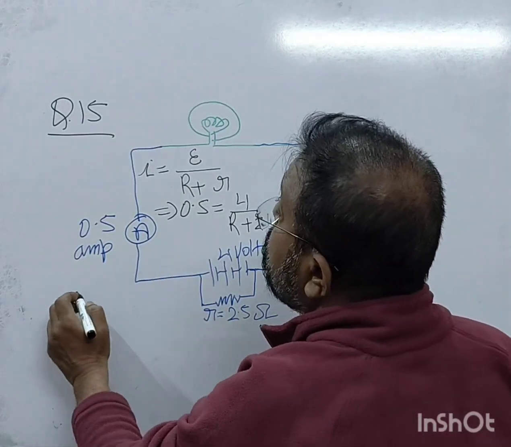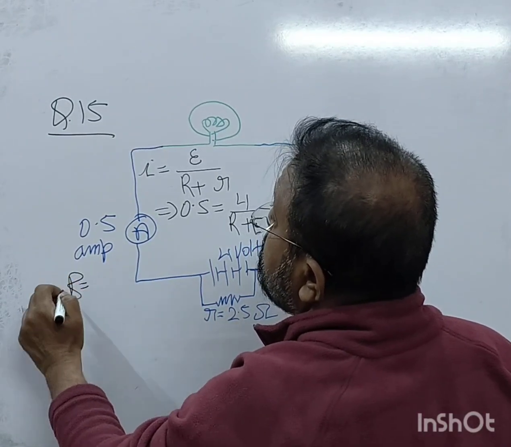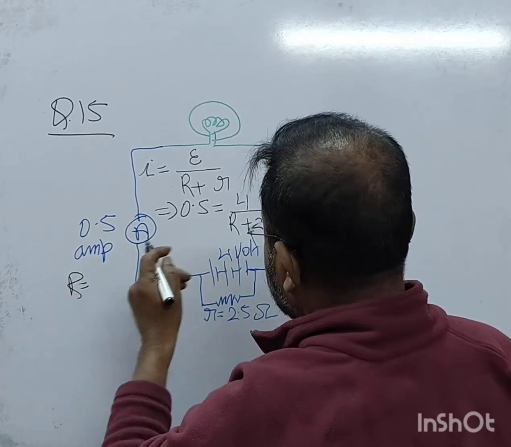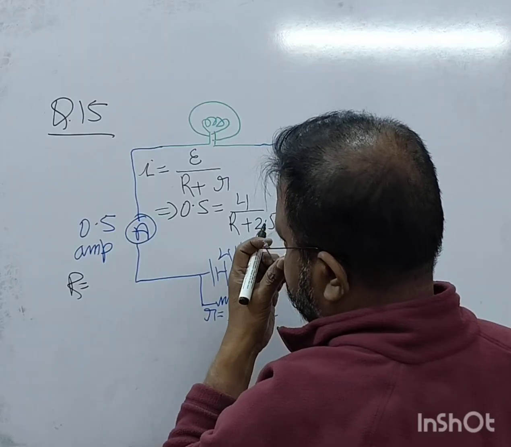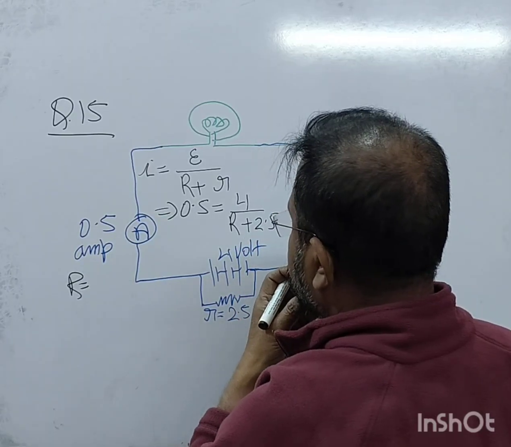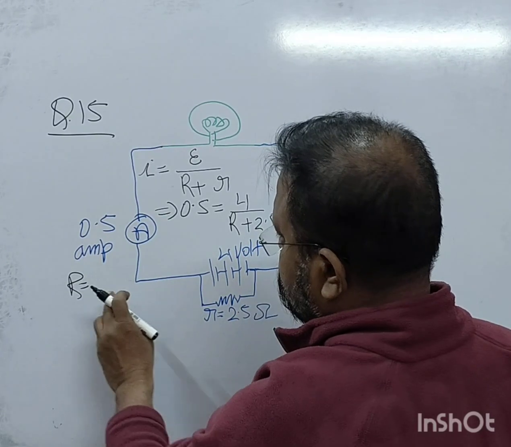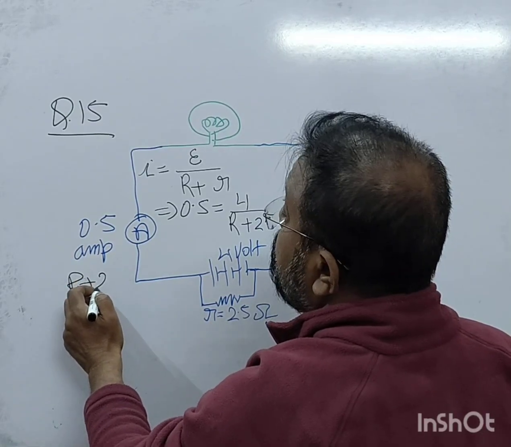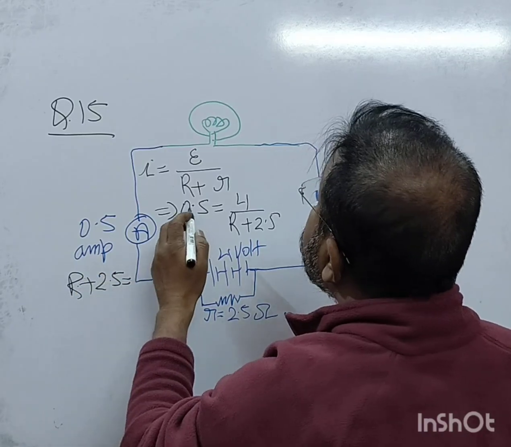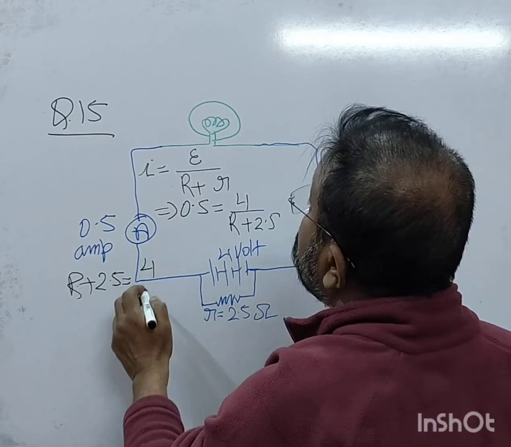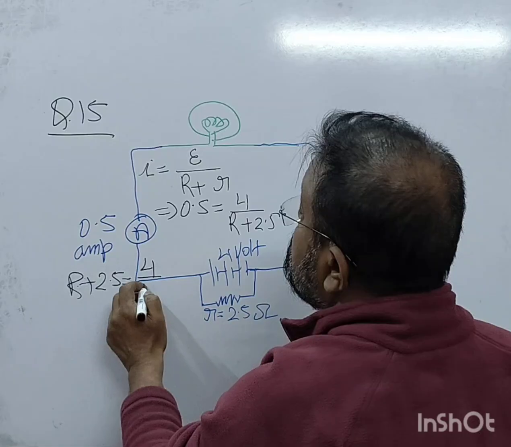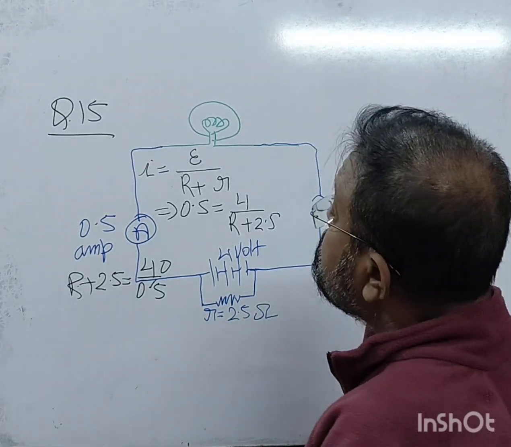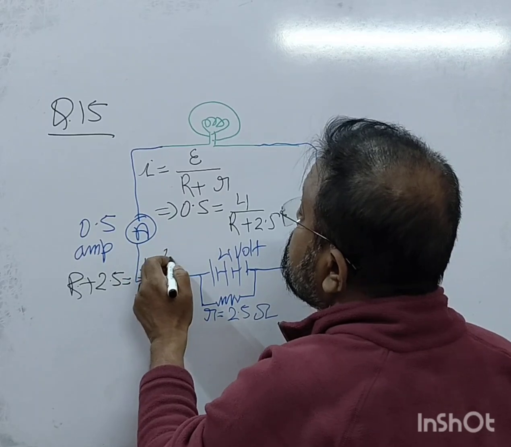So capital R plus 2.5 is equal to 4 upon 0.5, point removed, which is 8.